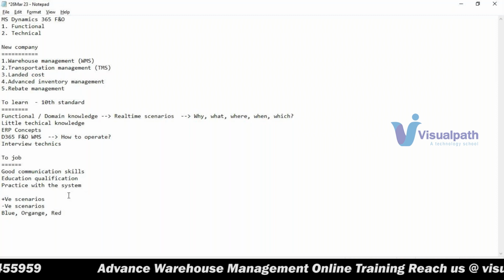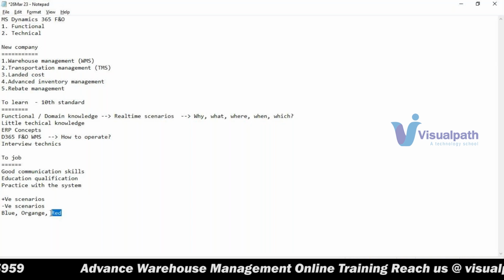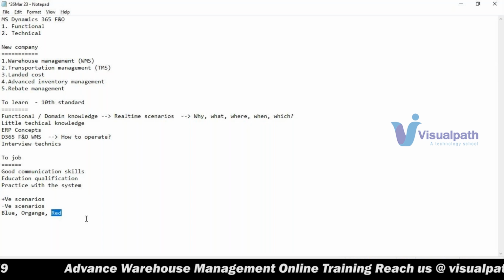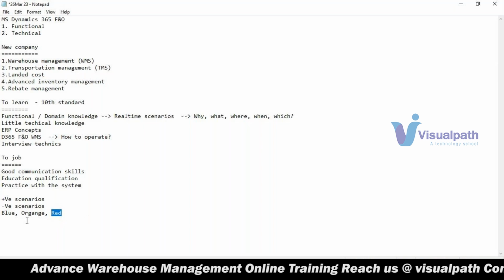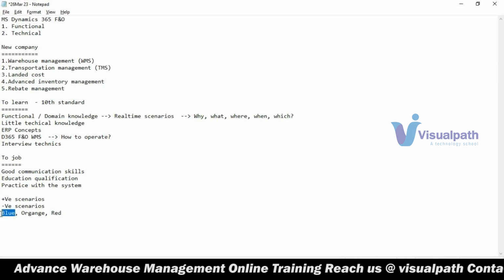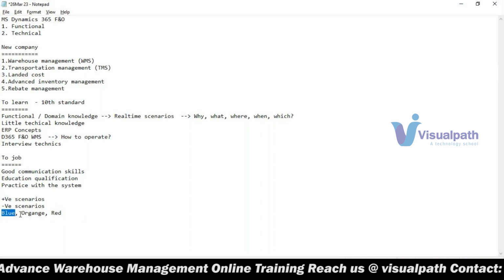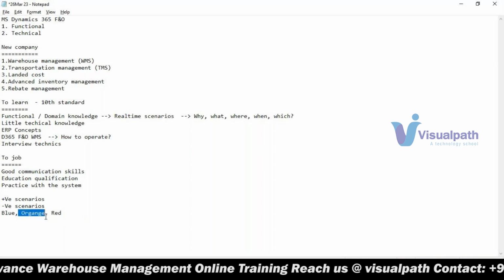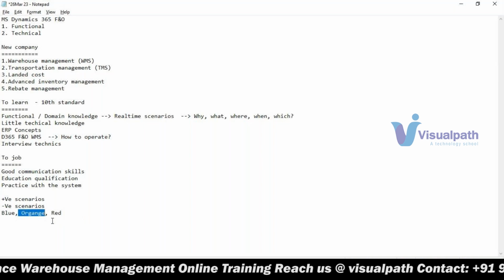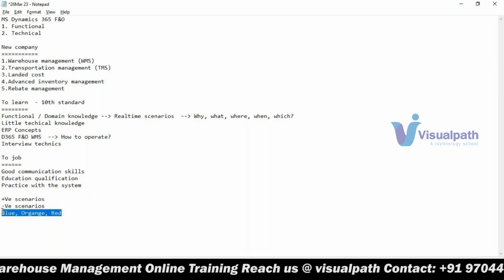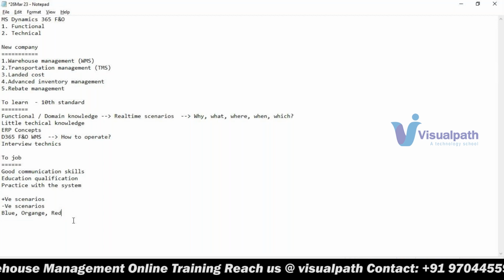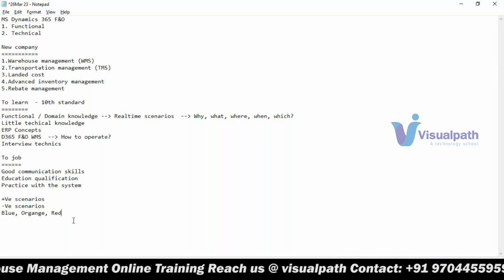Red means it did not succeed, it was stopped. Blue means the process completed successfully. Orange means it is giving a warning; sometimes it may stop, sometimes it may be processed. You need to understand all these scenarios.